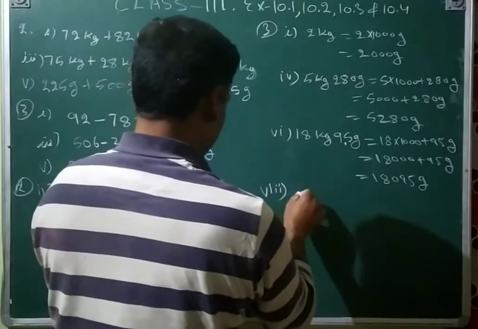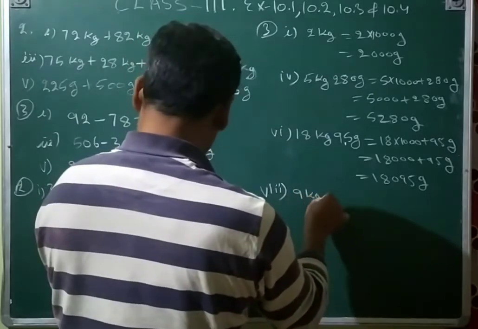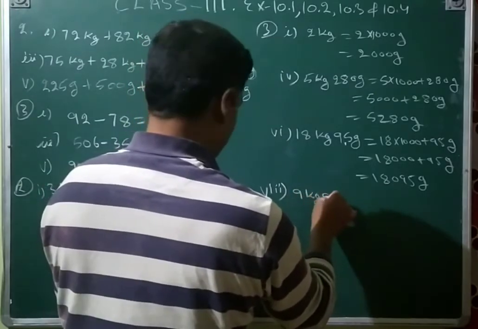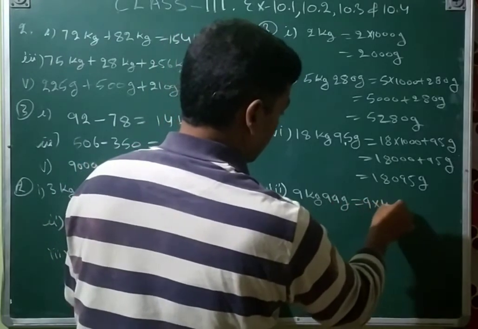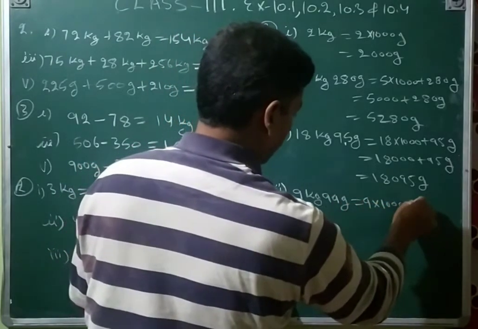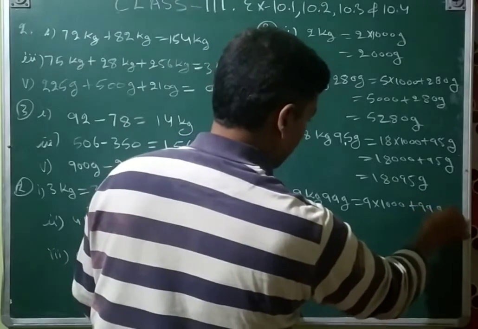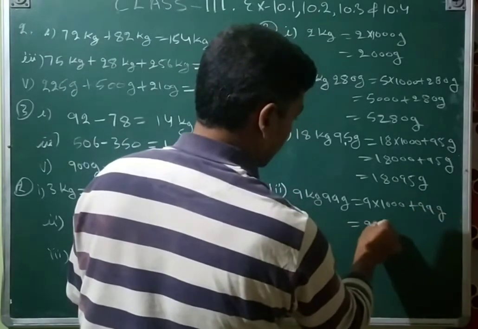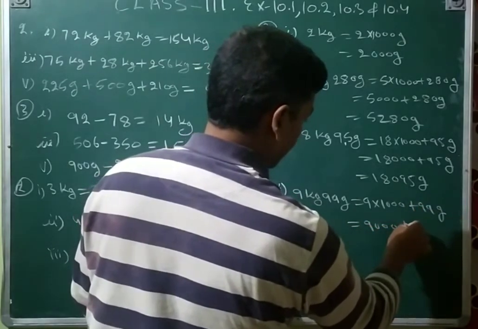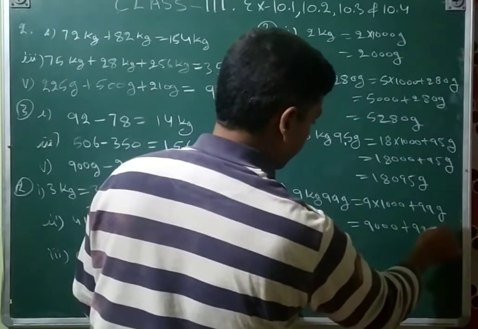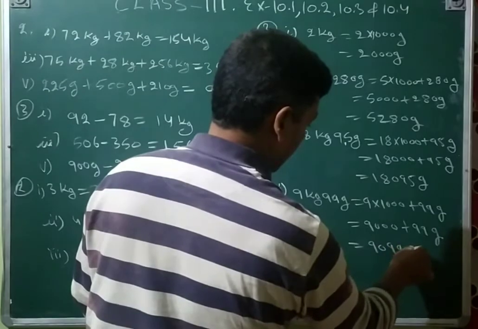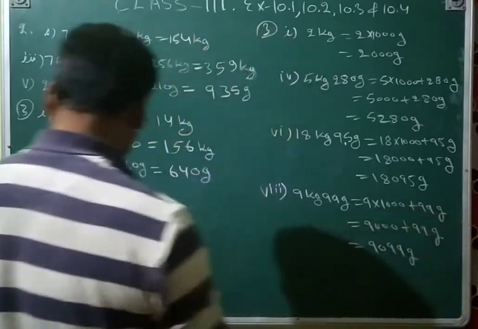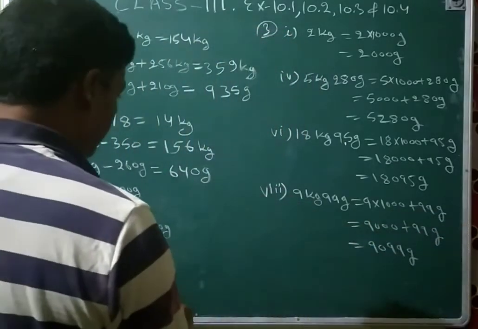The other part you can do: 9 kg 99 gram. So 9 into 1000 plus 99 gram. So 9000 plus 99 gram will be 9099 gram. And the ninth part you can do.